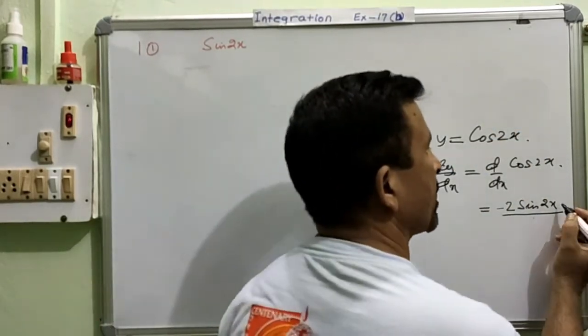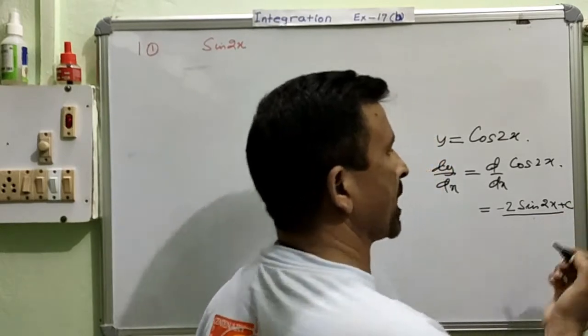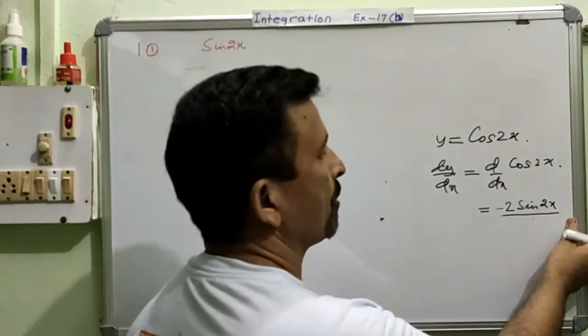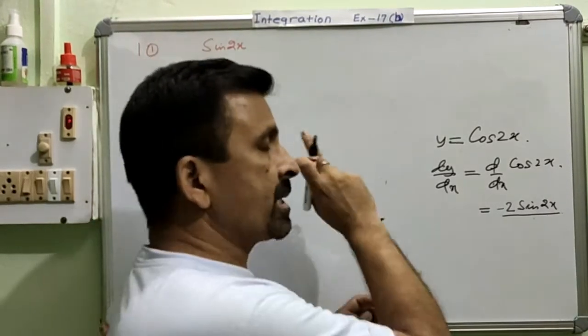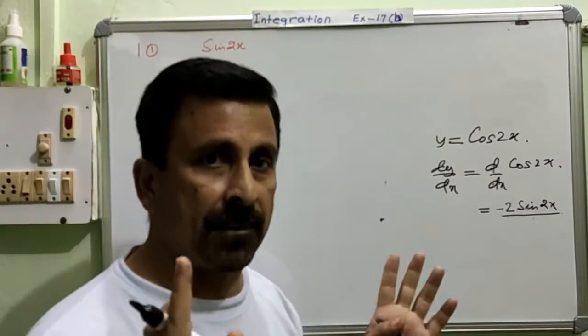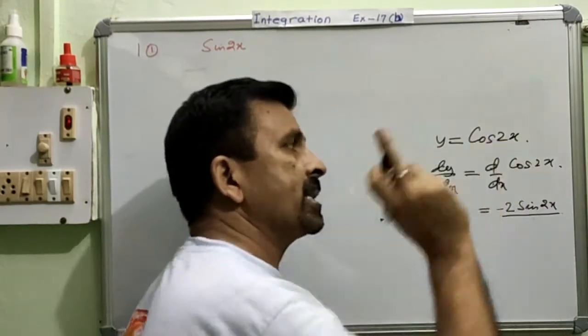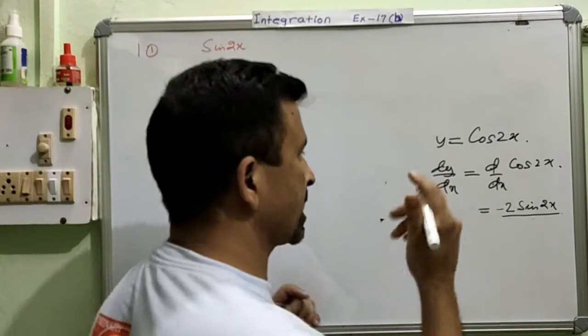Here one thing I forgot to tell you, that we always have to have plus c. Sorry, this is differentiation, so nothing. Since integration is the reverse process of differentiation, when I integrate this part, I should be getting this answer back. Okay, so let us see now.